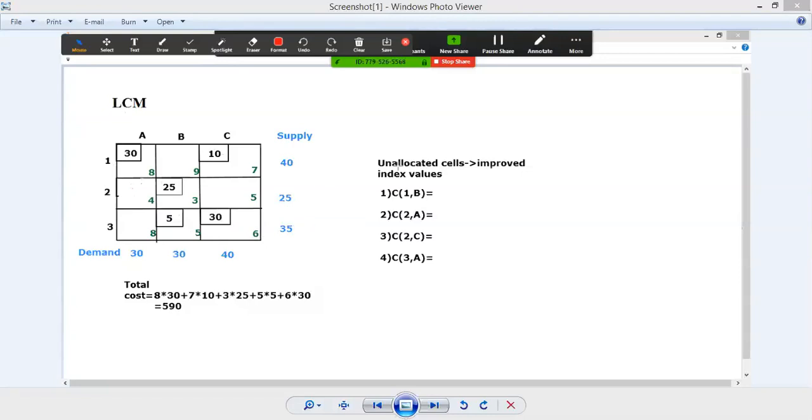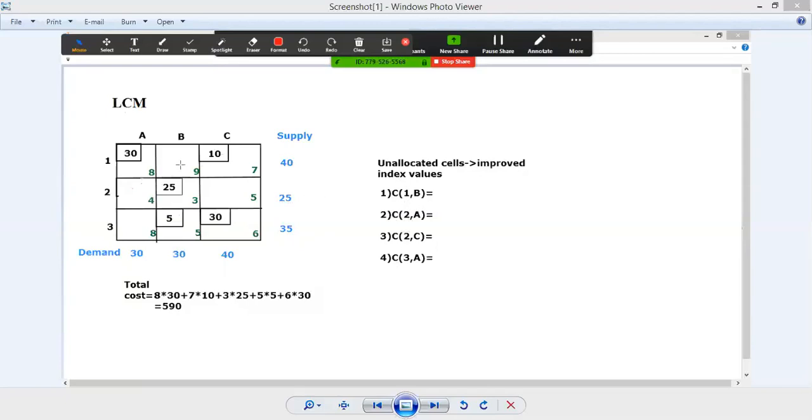We can proceed towards the next step, that is computing the improved index values for all the unoccupied cells. As you can see in this table, there are totally 4 unoccupied cells, that is cell 1b, cell 2a, cell 2c, cell 3a.